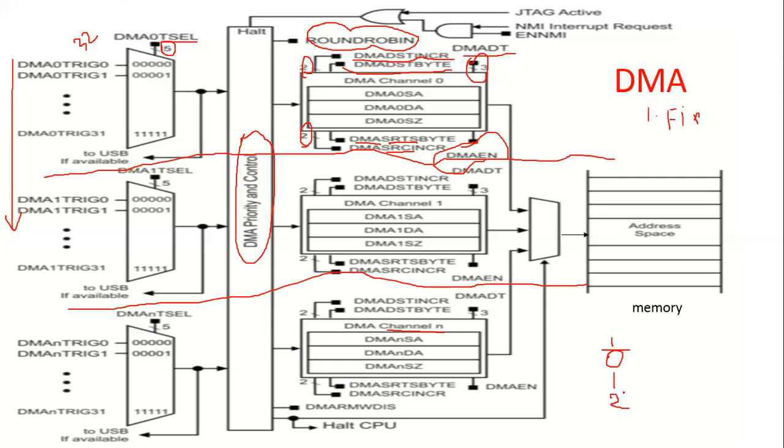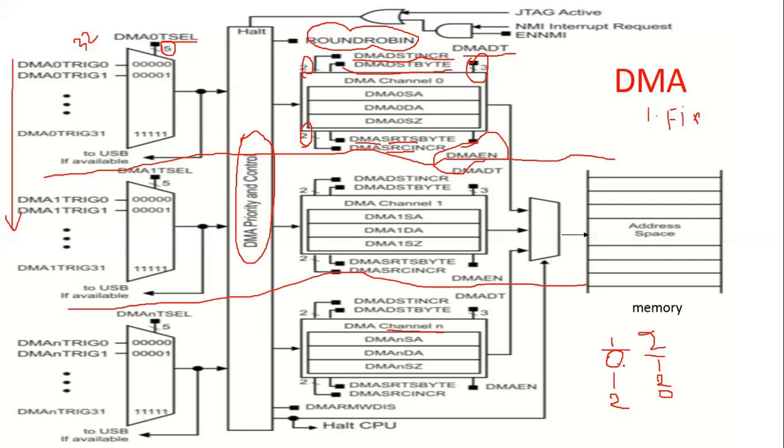Once the service is over, in the second cycle, channel 1 is the highest priority, next channel 2, next channel 0.